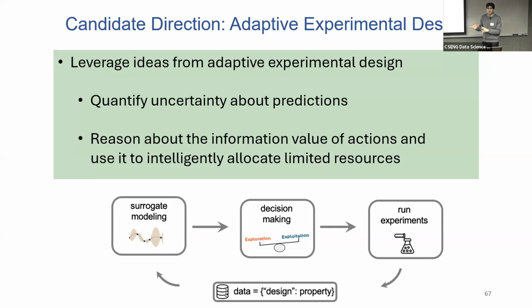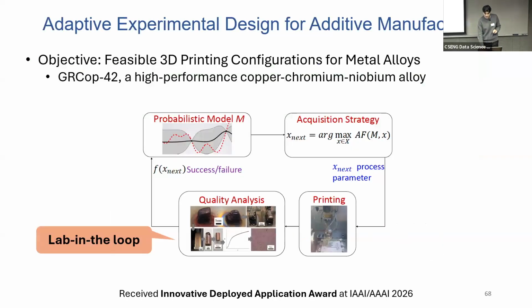And I will give you a couple of examples of how this framework has already been used for real world applications with lab in the loop, like actual real experiments, in 2-3 domains. For example, one work that we did recently is adaptive experimental design for additive manufacturing, where we paired up with experts from additive manufacturing and tried to generate these metal alloys, particularly this GRCop, which is used for aerospace and biomedical applications.